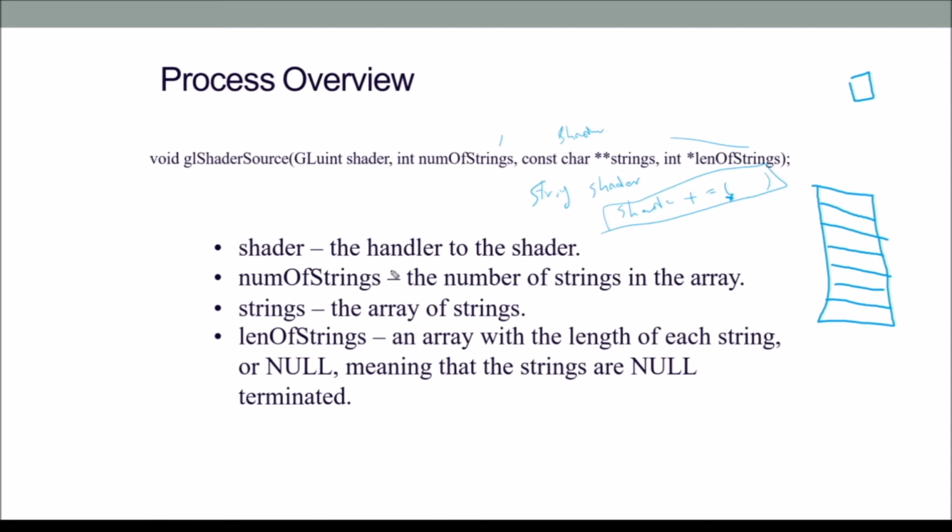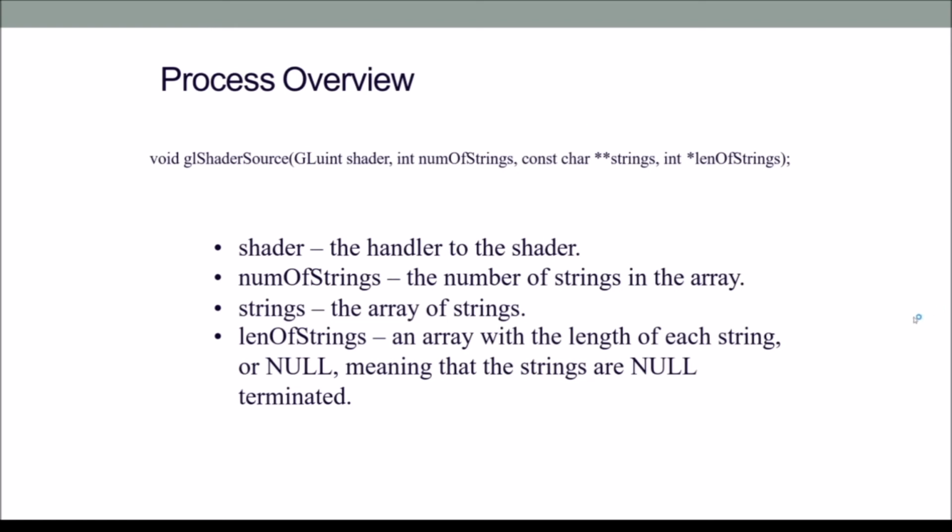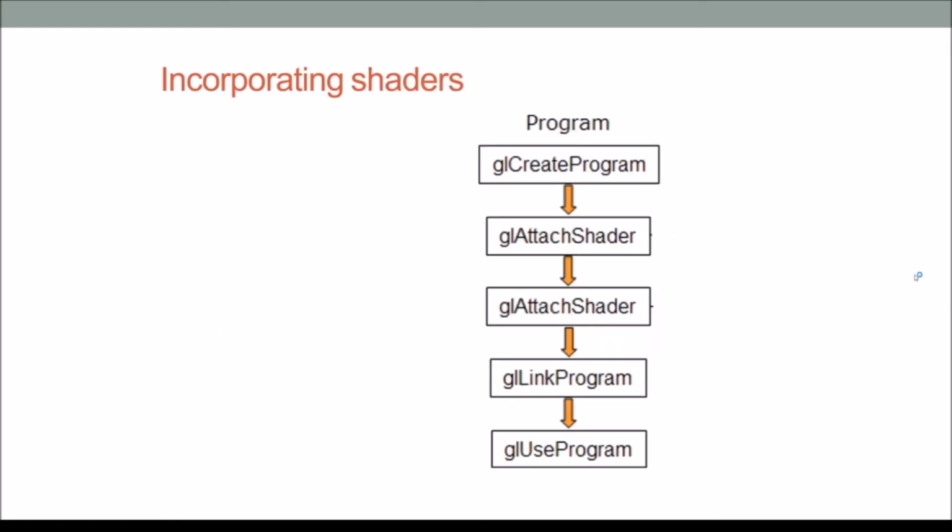After you do this, you compile it, so that is the next step. Once you have it, you have to compile it, and then create the program, and this is the interpolation part. After you compile it, you have to attach.